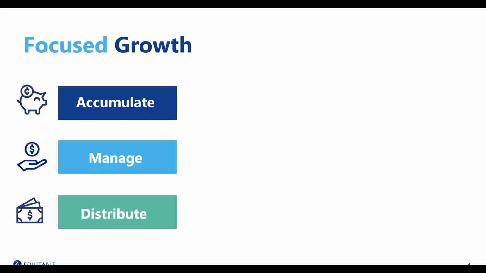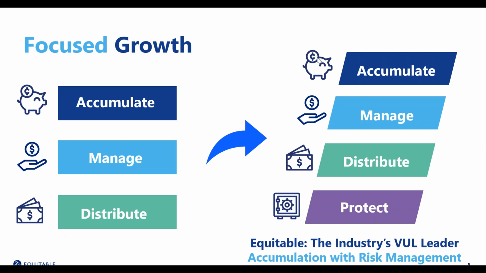If you think of the pillars of how we come to market and focus that growth, it's through three things: accumulate, manage, and distribute. Just recently, we can add one more to that: accumulate, manage, distribute, and protect.